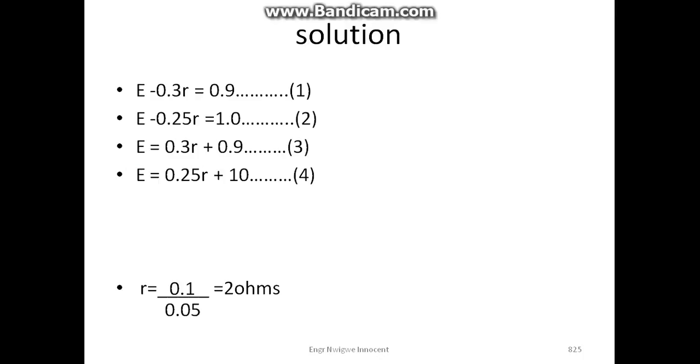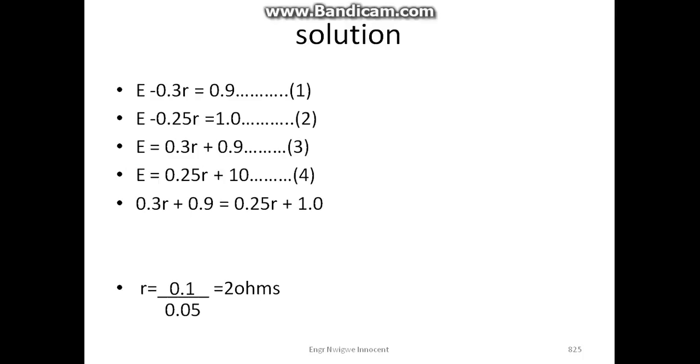This will be our equation 4. Since the E's are the same, equating equations 3 and 4, since they have the same electromotive force, we now have 0.3r plus 0.9 equals 0.25 times small r plus 1.0.